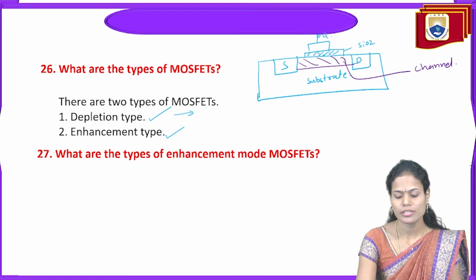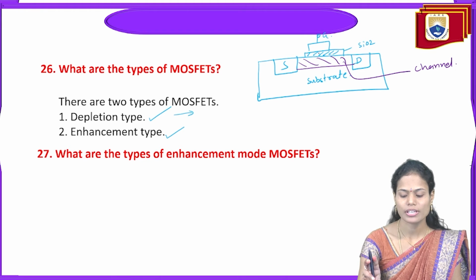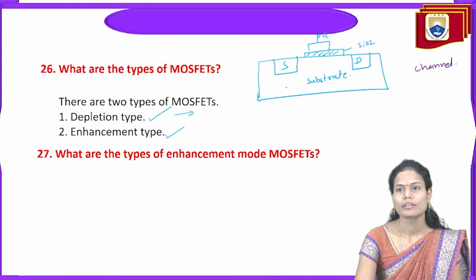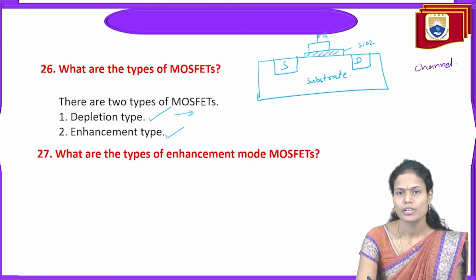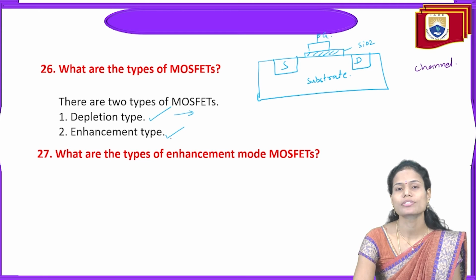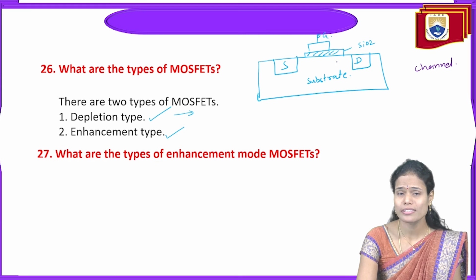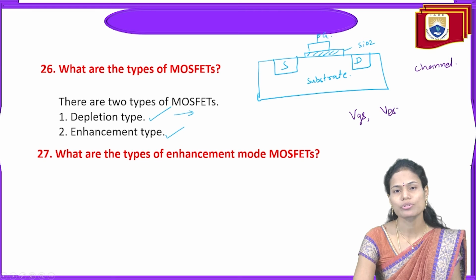But in some cases, we don't have any physical channel here. Only source and drain terminals are there. We don't have any physical channel between the source and drain terminals here. So those kinds of MOSFETs are called enhancement type MOSFETs. But in this case, the existence of the channel is due to the application of gate to source voltage as well as drain to source voltage.